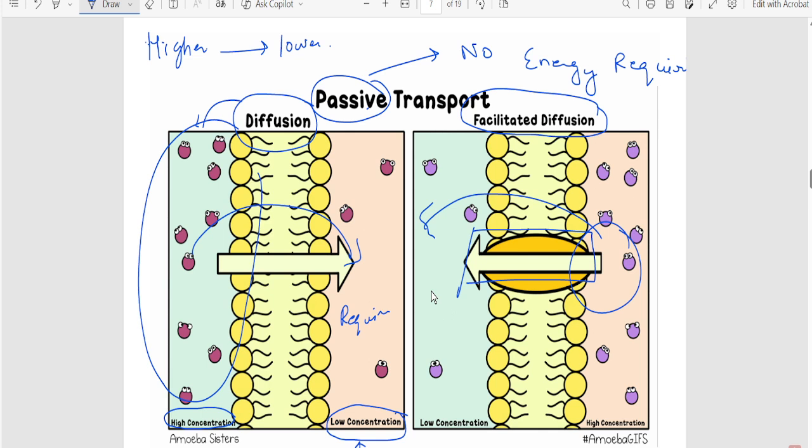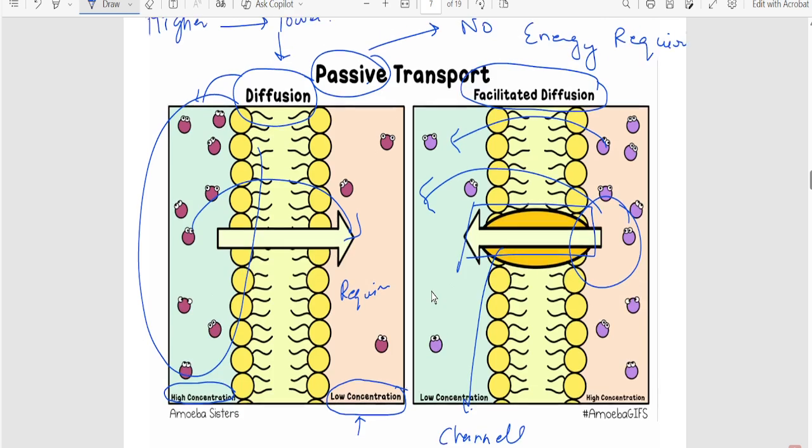The whole membrane will not allow these molecules to pass through, like in the case of simple diffusion, but there are some gates, and these gates are called channels. Molecules can only pass through when the gates are open, and when the molecules are enough on both sides, the gates close.